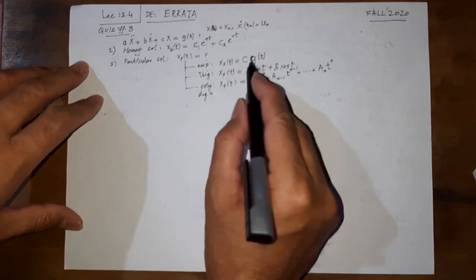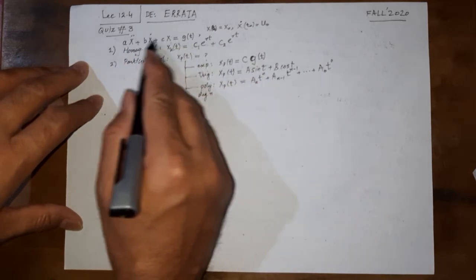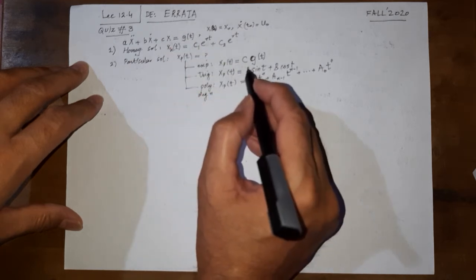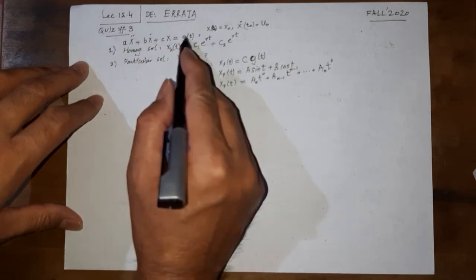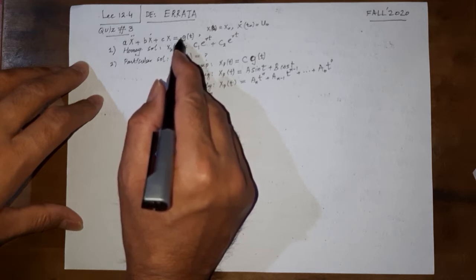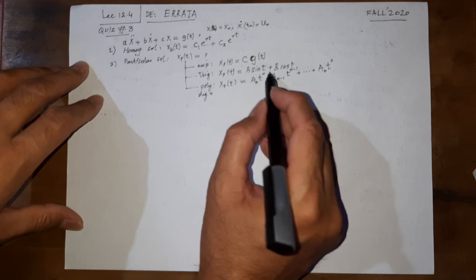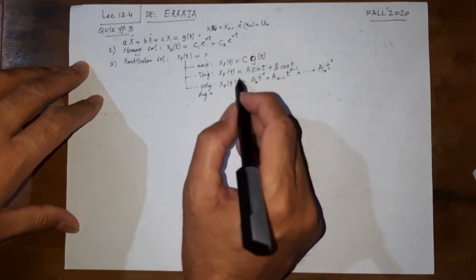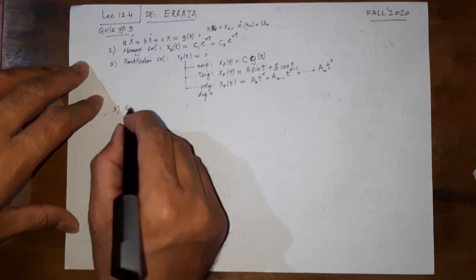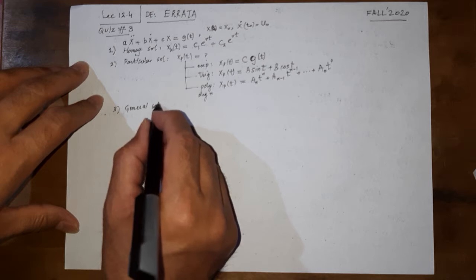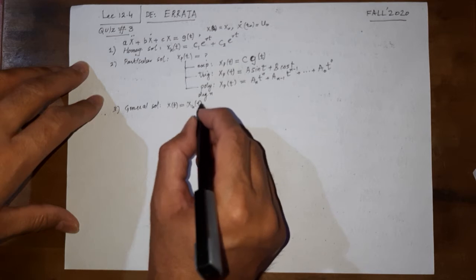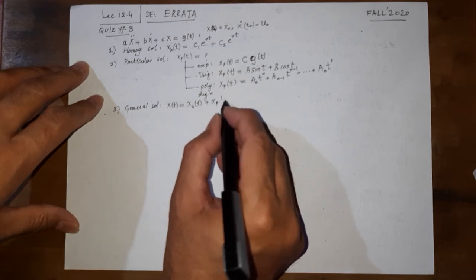We say this is a solution to this differential equation, and then we put this assumed solution into the differential equation, and using the coefficients of each term we find the values of these constants and find the solution. And then in the third step, we say the general solution x(t) would be equal to the homogeneous solution plus the particular solution.